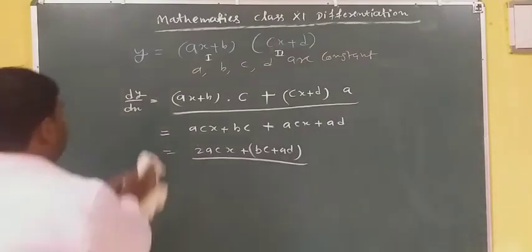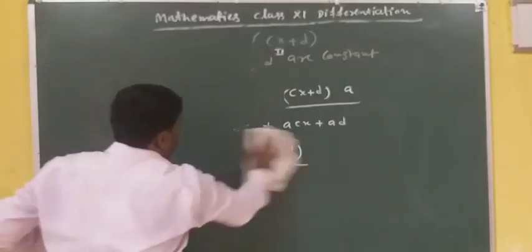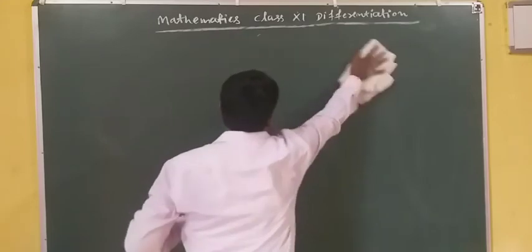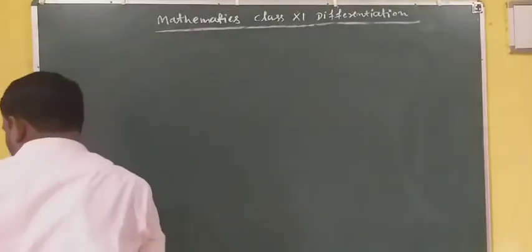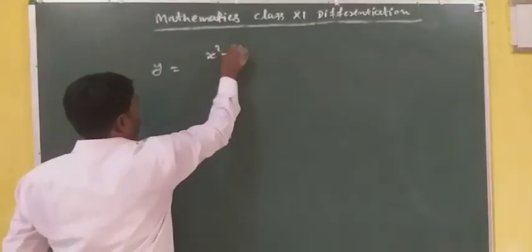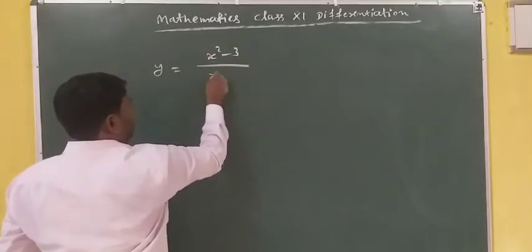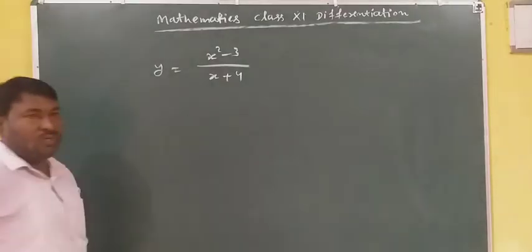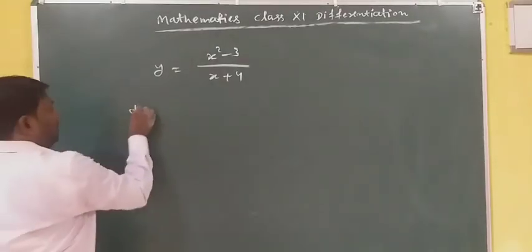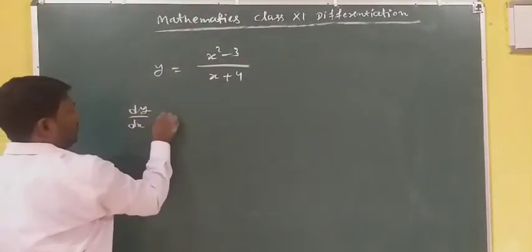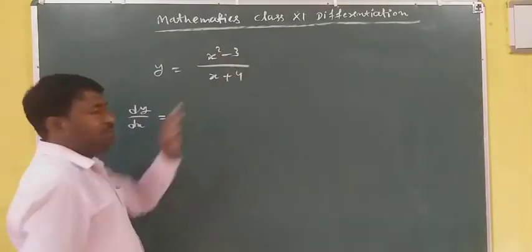Similarly, some more questions. Suppose y is equal to (x square minus 3) upon (x plus 4). How will you solve it? Simple. dy by dx is equal to numerator upon denominator form.